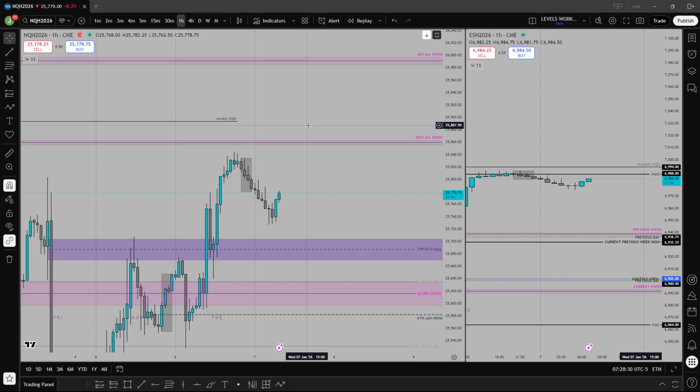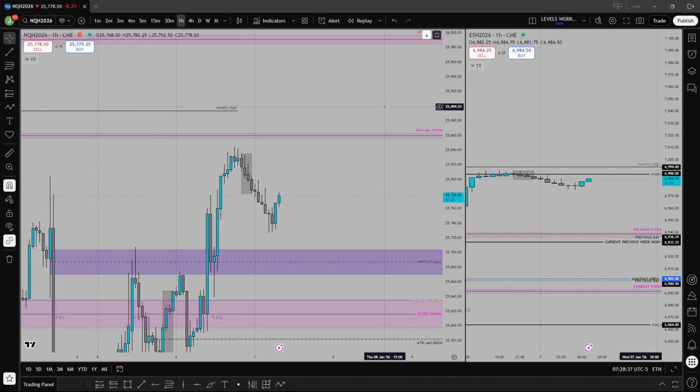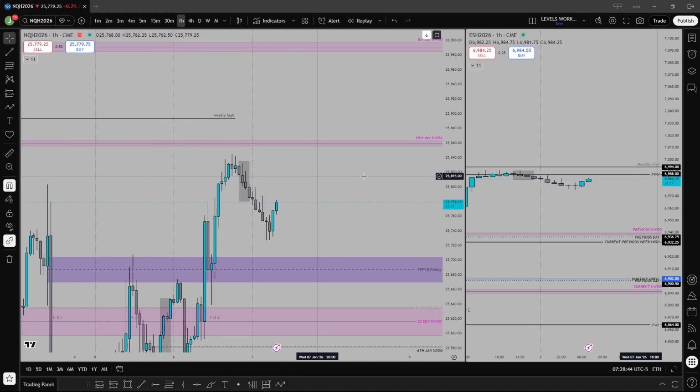We also have red folder news at 10 a.m. So we'll see how it goes. I may demo trade or I may trade from my actual funded account, but let's see.